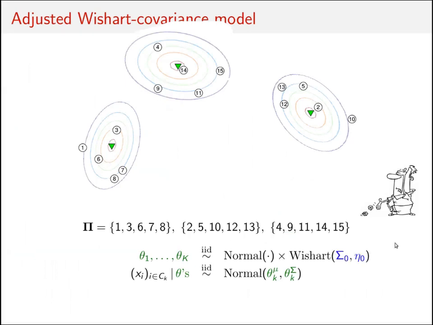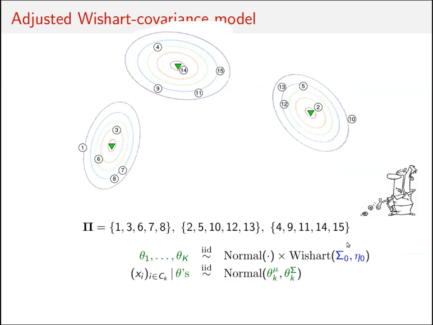In general, this Wishart has 2 parameters, and after some reparameterization, you can think that one of them is the expected value of the Wishart, the expected matrix, say, so this is the covariance structure you expect in the component, and the other is the concentration around this expected value.